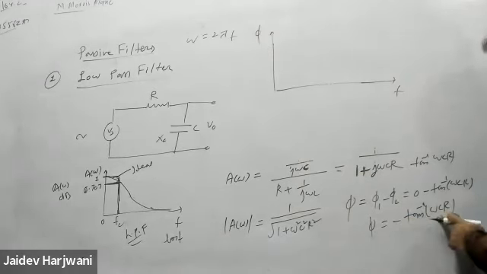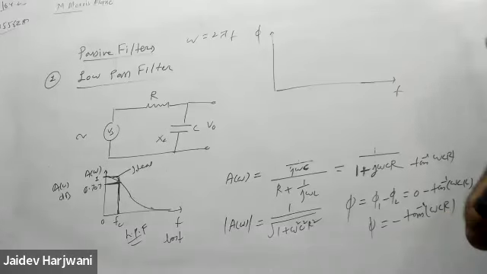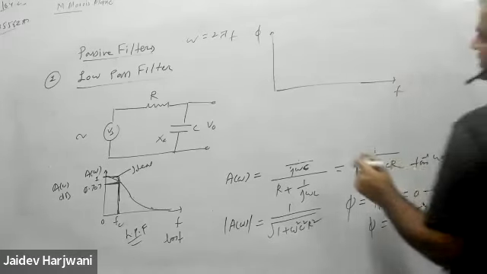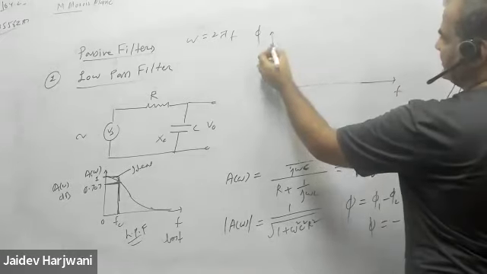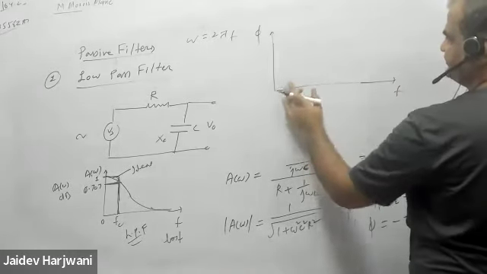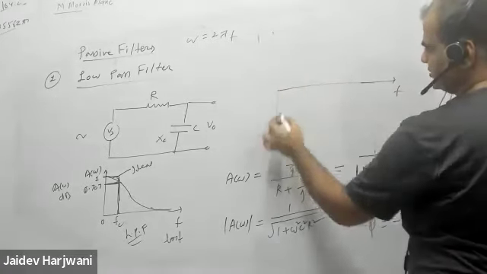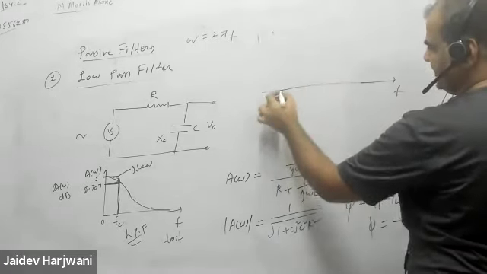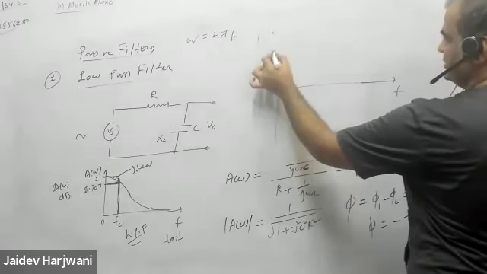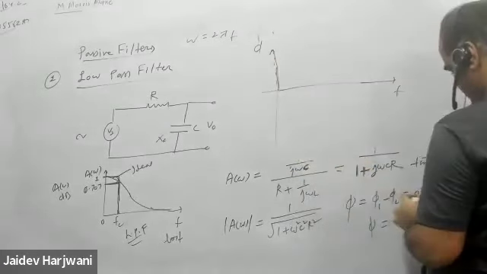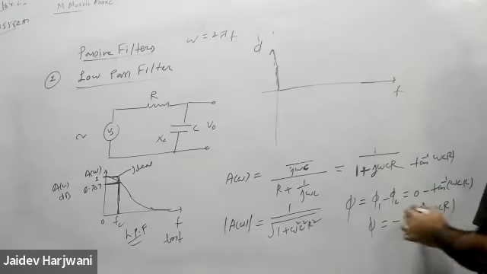If it is 0, tan inverse of 0 is 0. And tan inverse of 1 is 45. So the graph will start from 0 and approach minus pi by 2.